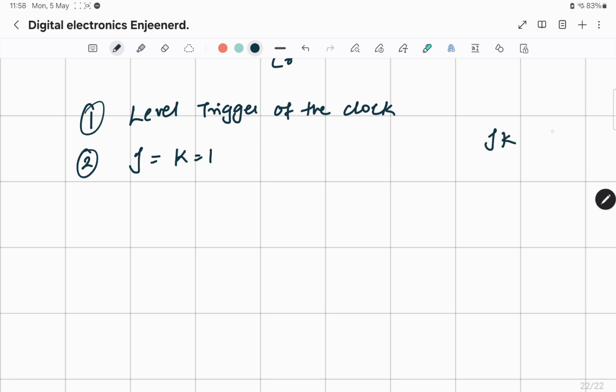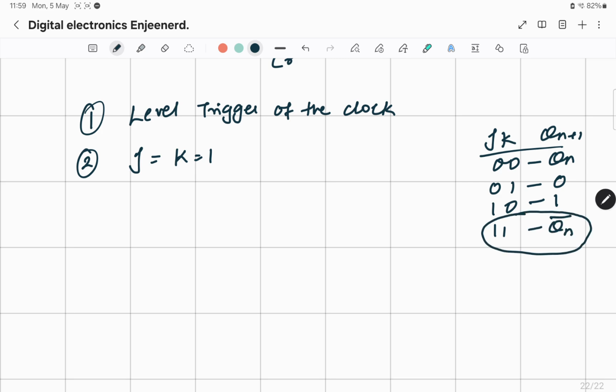If you remember the JK flip-flop truth table, 0 0, 0 1, 1 0, 1 1: for 0 0 it was Qn, for 0 1 it is 0, 1 0 is 1, and for 1 1 it is Qn bar. So for J equal to K equal to 1, my Qn plus 1 is the complement of Qn, right? This is the second condition. The third condition is that delta t is very less than the time of the clock.